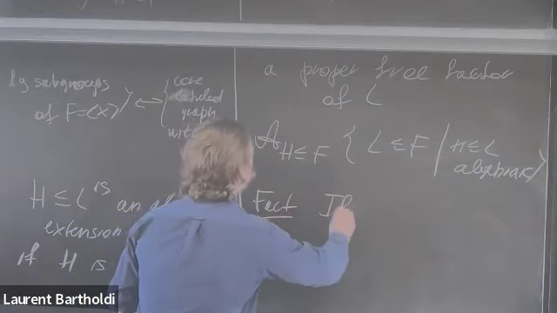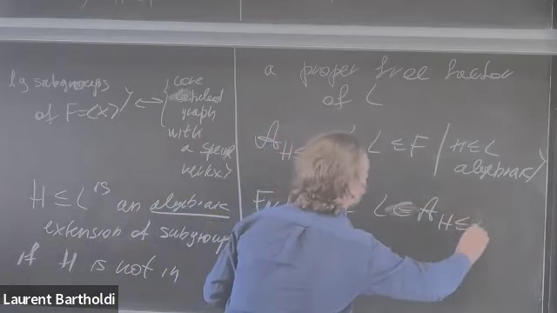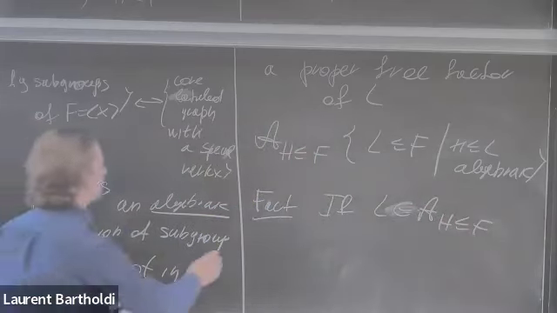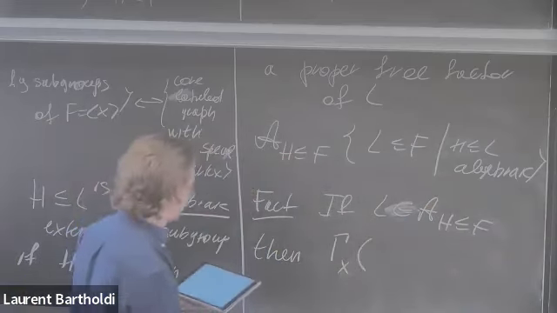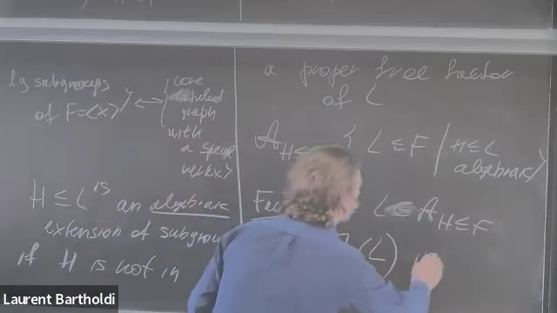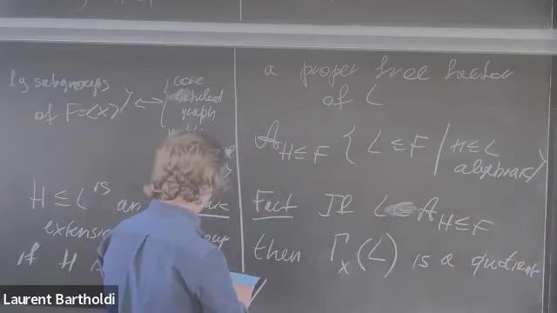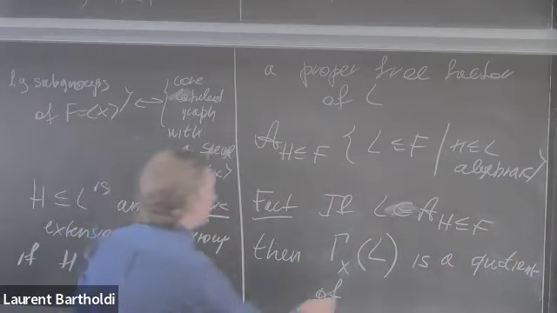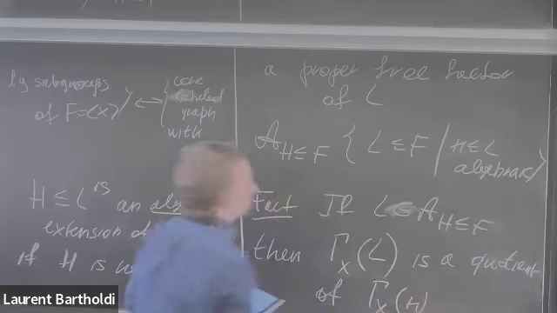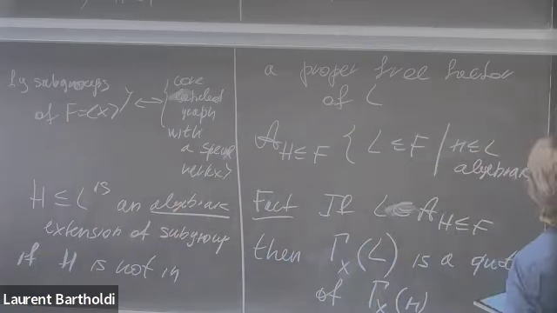So if A is an algebraic extension of H, then its core graph, the core graph corresponding to A, is a quotient of the core graph of H. And this immediately gives us a consequence: this set is finite.